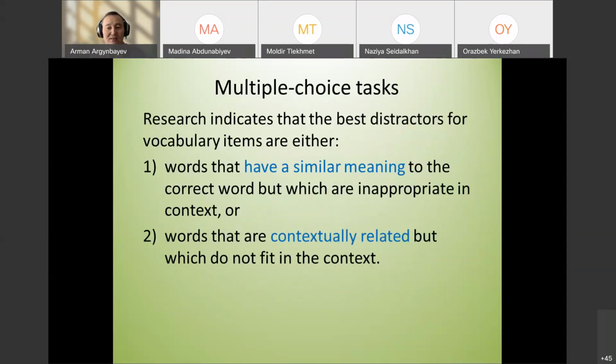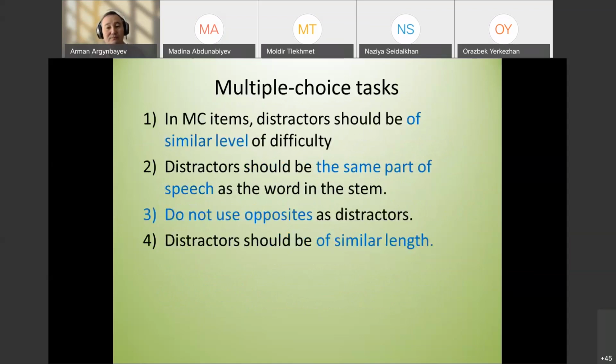Okay, we've studied how to design multiple choice tasks in the previous lecture. The wrong answers must have a similar meaning when designing multiple choice tests, but contextually they should be inappropriate. The structures should be of similar level.